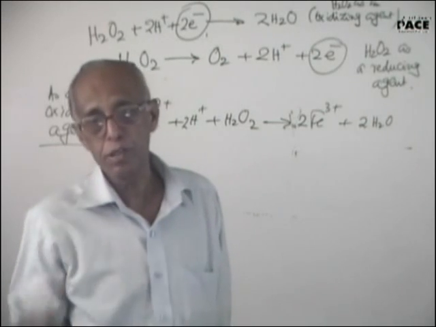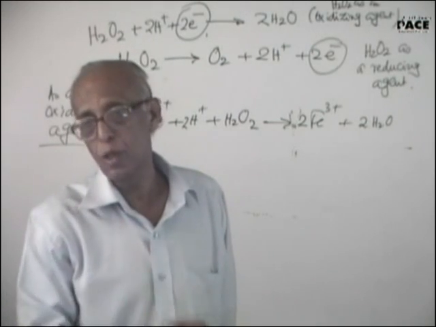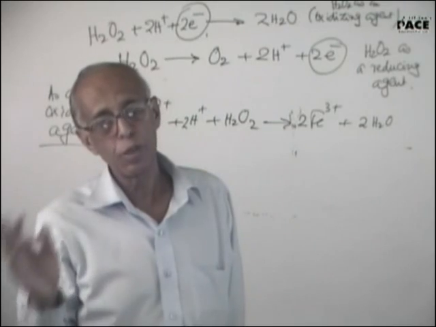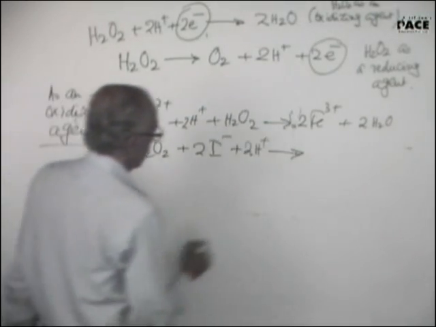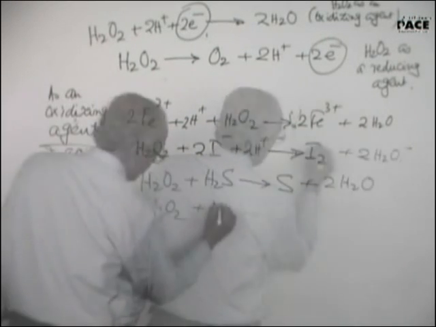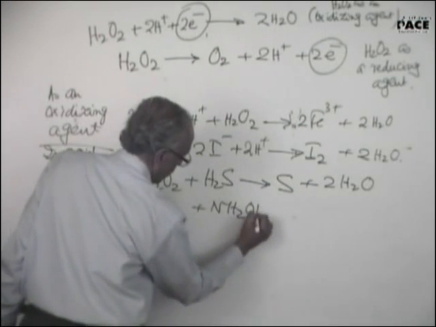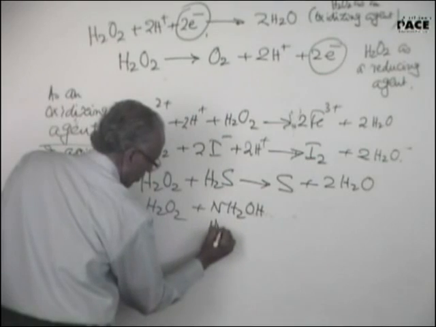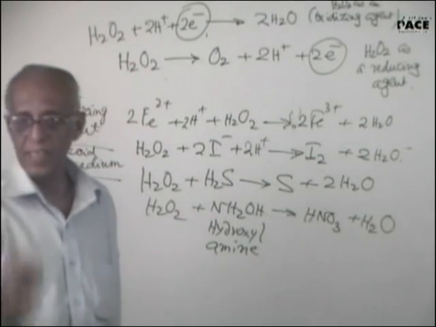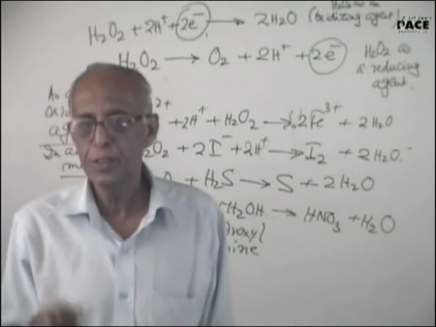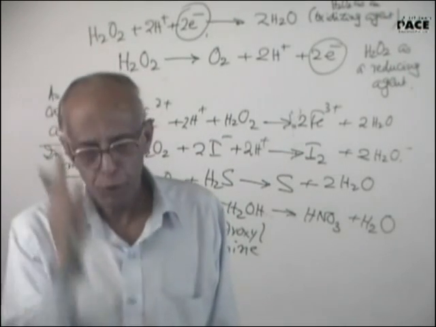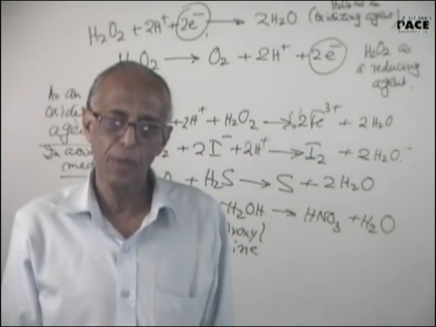So I need 2 moles of ferrous to get 2 moles of ferric and 2 moles of water. In all cases, if I have to oxidize iodide to iodine, I have to start with 2 iodide ions to get 1 mole of iodine.